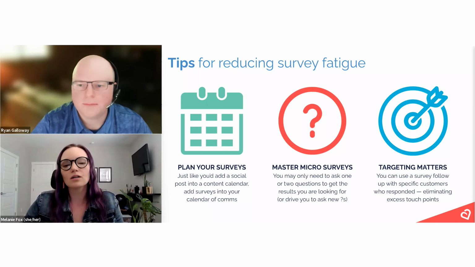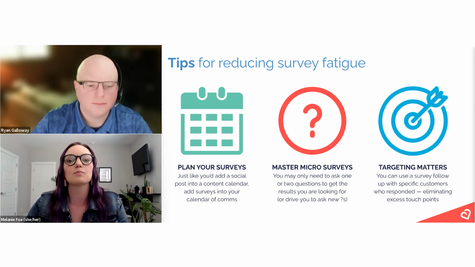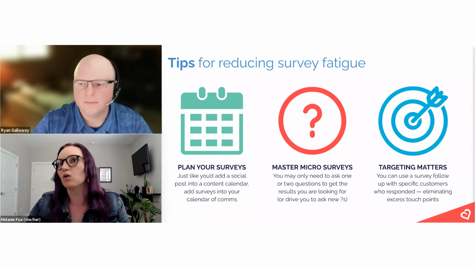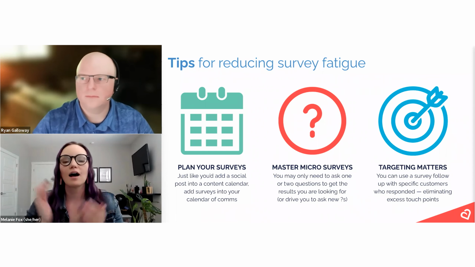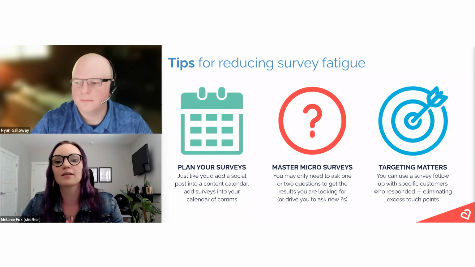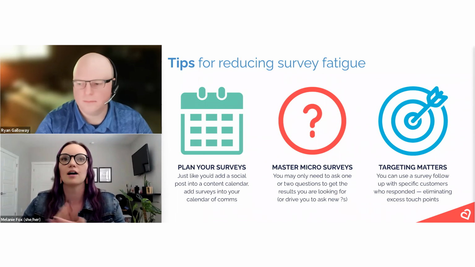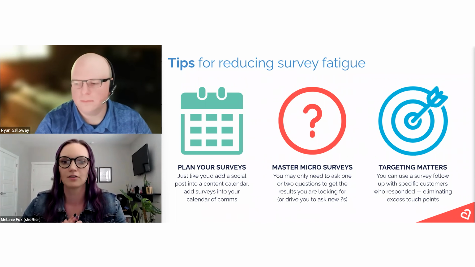But I do want to offer some quick tips and tricks to make sure you're not wearing out your audience, but you're still getting the right quantity of feedback and results that provide quality feedback for your team, right? So first things first, have a plan. I like to sit down at the beginning of each month and plan out the surveys as if I'm working a content calendar like a marketer. If it's in the calendar, it's going to happen.